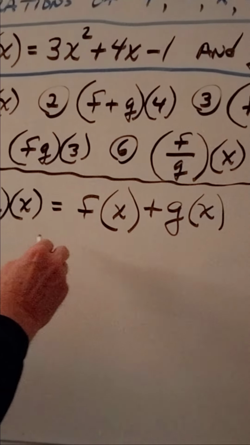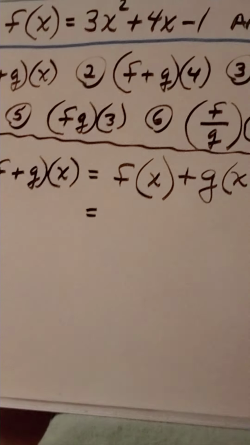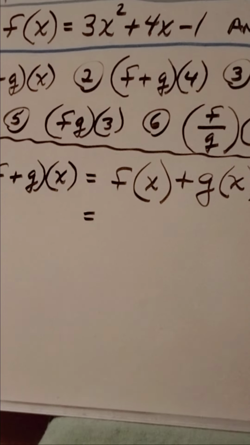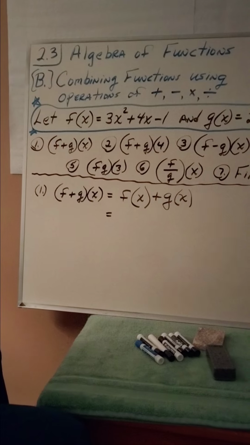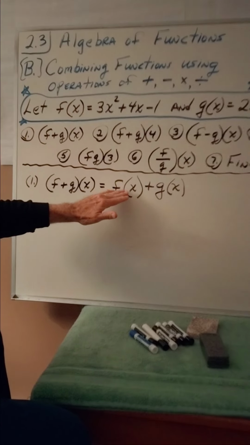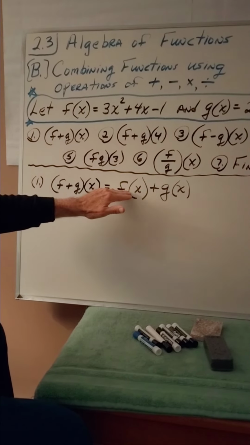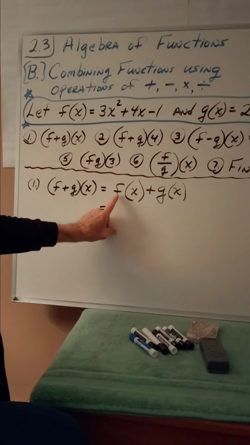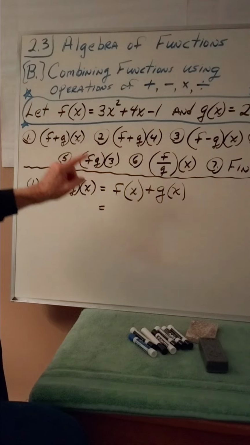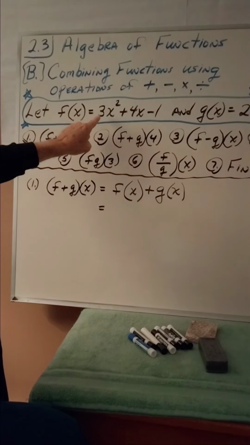Now, folks, we're going to bring down an equal sign, and we're going to evaluate. We're going to follow this recipe right here to get our answer. f of x is this trinomial.